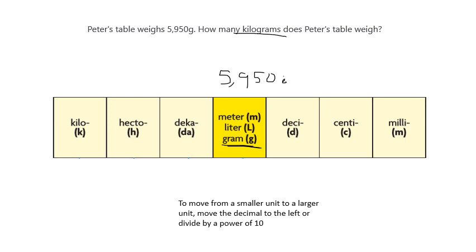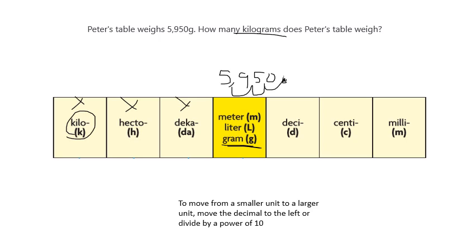And in order to move this, I'm trying to get from grams to kilograms. So I know that it takes 3 powers of 10. So I'm going to take my decimal and move 1, 2, 3 times. And in this case, there are already numbers there, so I don't need to put any zeros.